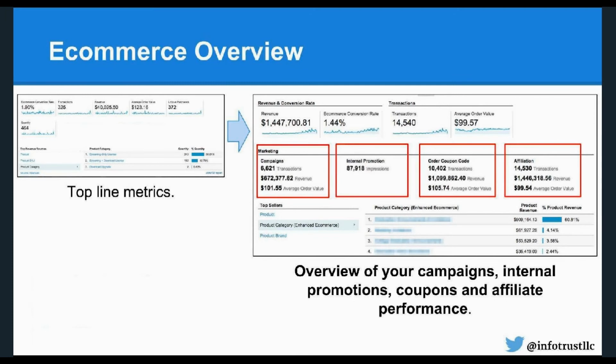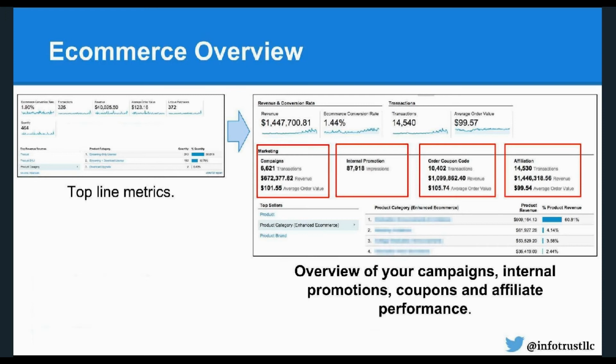So on the left-hand side of the screen, you see the top-line metrics that have been available for several years inside Google Analytics that are insightful to give you ideas as to how your individual products are performing and how much you're actually selling. Now, we wanted to go a little bit further with that by going deeper into saying, well, what can you actually do with some of these metrics to look at individual campaign performance?